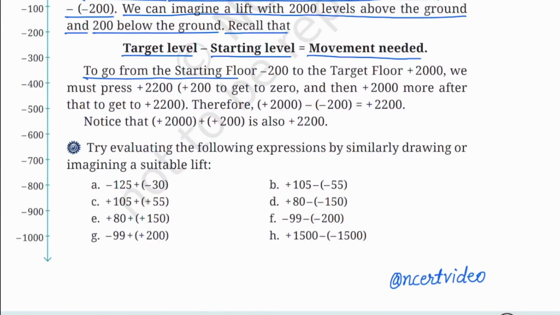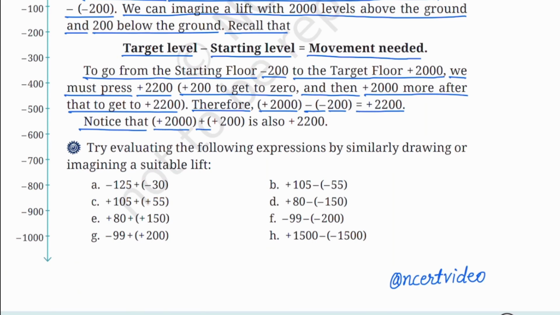To go from the starting floor minus 200 to the target floor, that is plus 2000, we must press plus 200 to get to 0, and then plus 2000 more to get to plus 2200. Therefore, plus 2000 minus minus 200 is equal to plus 2200. Notice that plus 2000 plus 200 is also plus 2200.